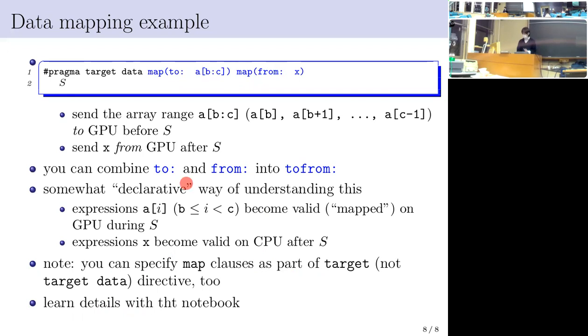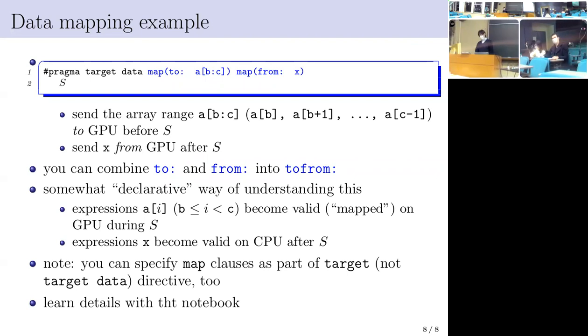And I think that's it for this slide. So as promised, let's have some time to work on the Jupyter notebook. I gave a new one, PD09, just for learning these OpenMP for GPU things.